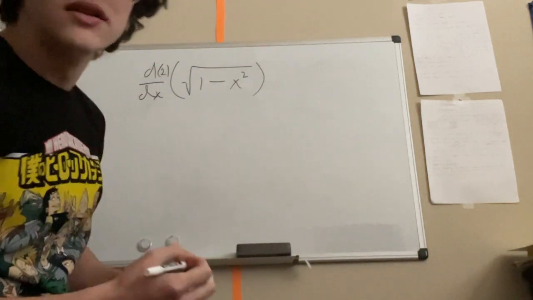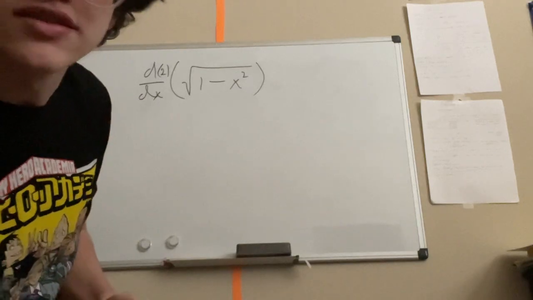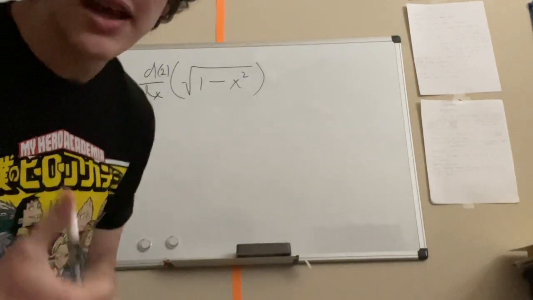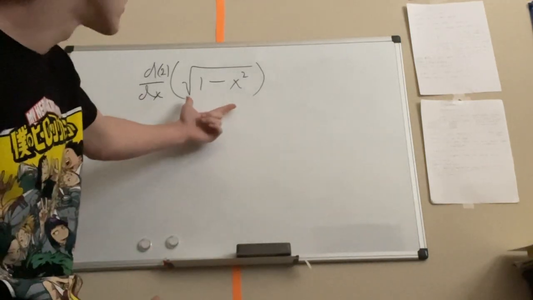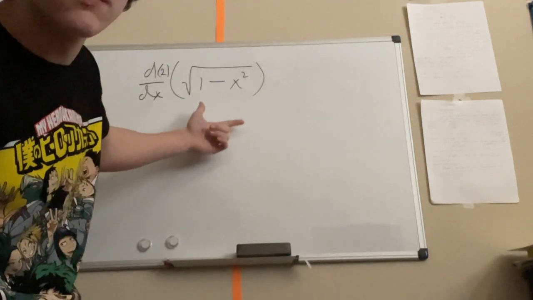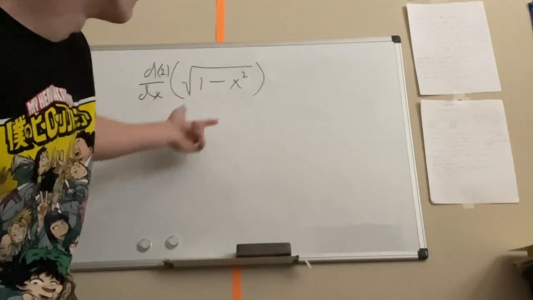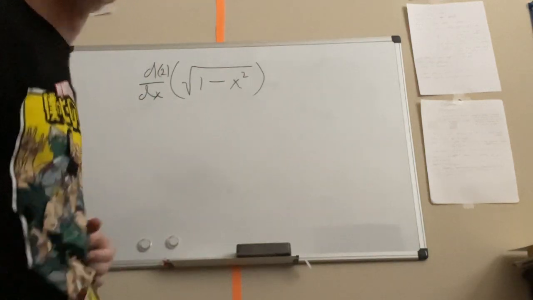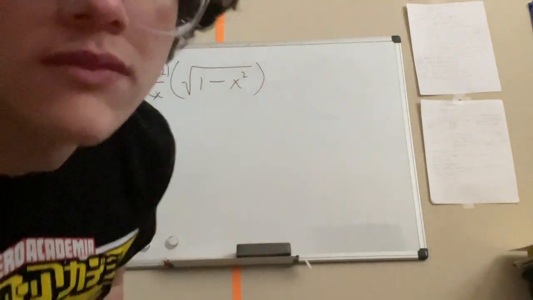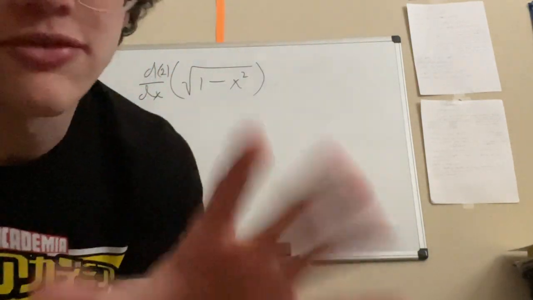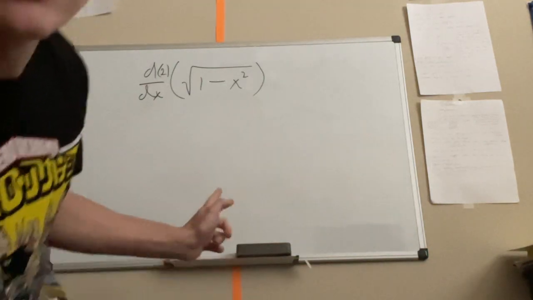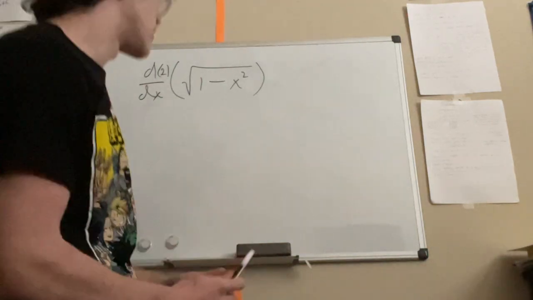So this is the slope of the tangent line when x equals 2 of this function, the square root of the product of 1 and negative x squared. Just take a moment to acknowledge this problem, and then we'll try to solve it.